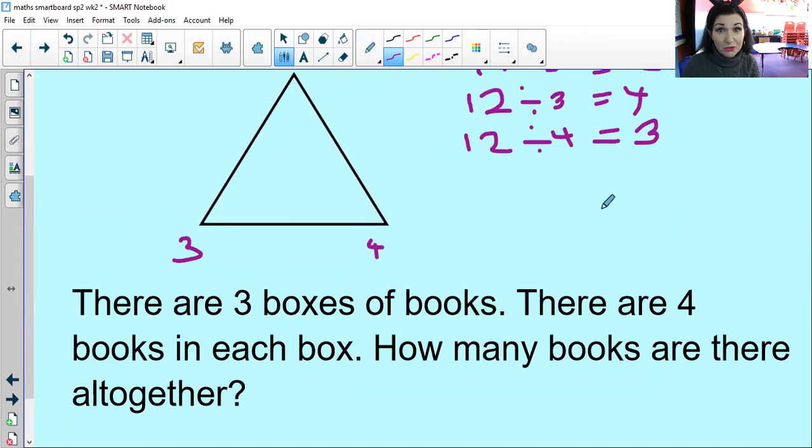So that is like, I'll draw you an array to show you. So 3 boxes of books, 1, 2, 3, 4 boxes. So 4 books in each box. There we go. So 1 box of books, 2 boxes of books, 3 boxes of books.